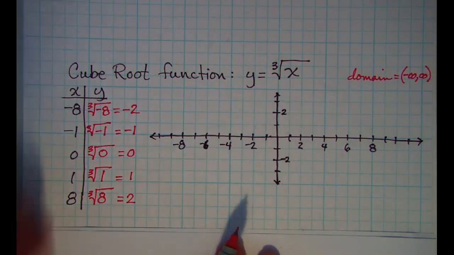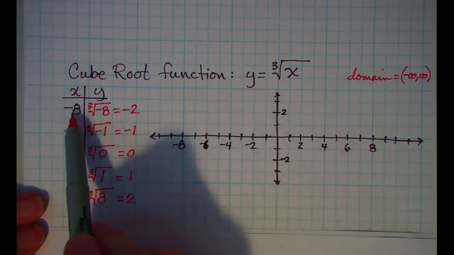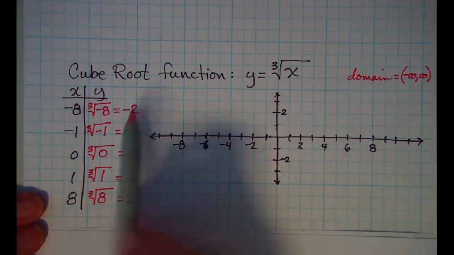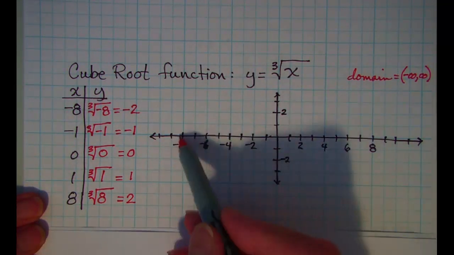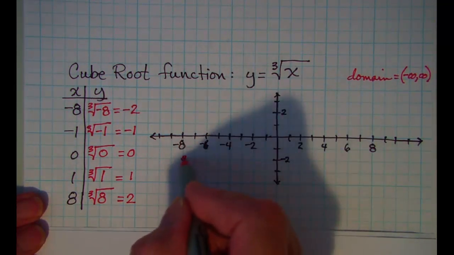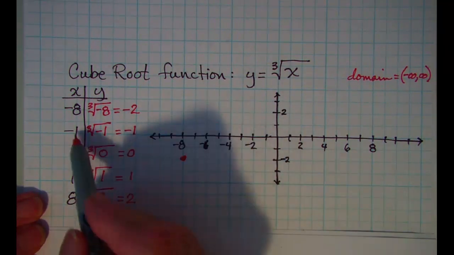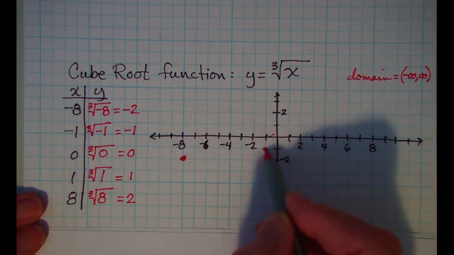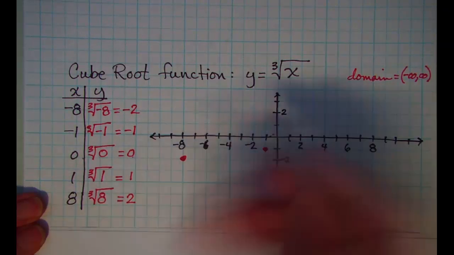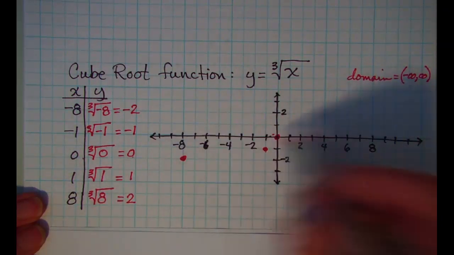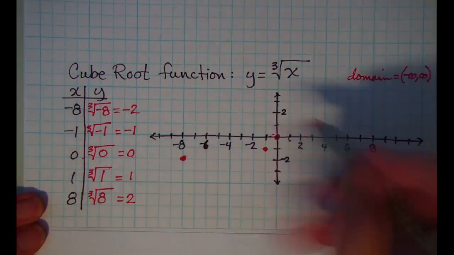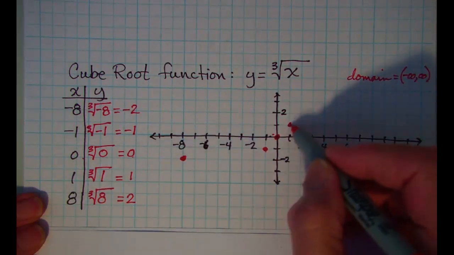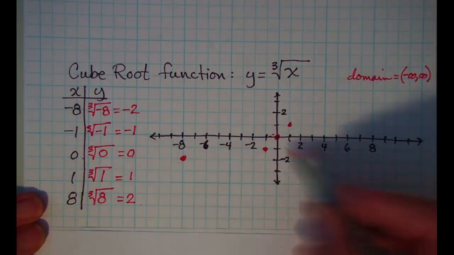Now if we plot these numbers, (-8, -2) is right here. (-1, -1), (0, 0), (1, 1), and (8, 2).